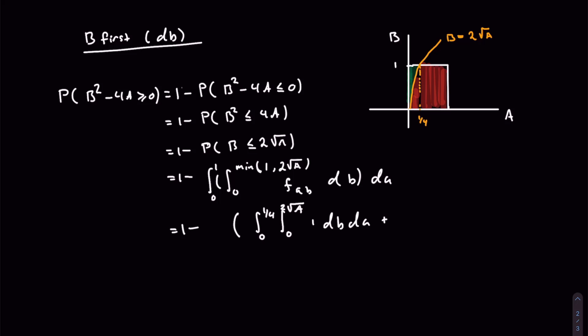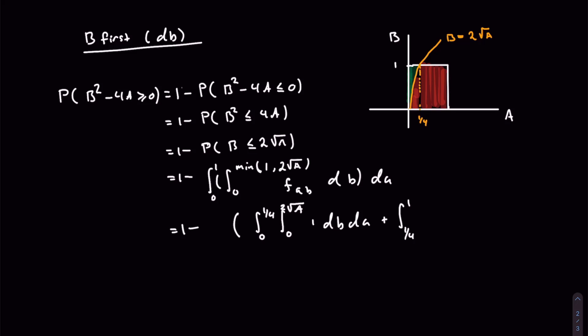And then we have the remainder of the support, and that is when the outer integral goes from 1/4 to 1. That's what we're doing. And now we do have a rectangle shaped thing here.